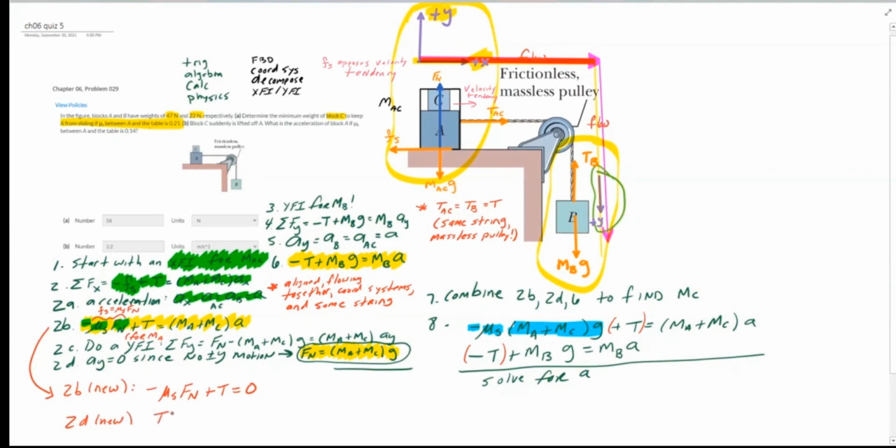We get tension equals mu sub S times F sub N. Let me draw a circle around that. And over here, this is equal to 0. So number 6 becomes negative T plus MBG equals 0. I'll draw a circle around that. This is still good right here. All right, let me do a little bit of damage control by erasing this.